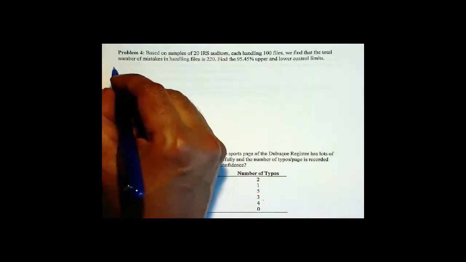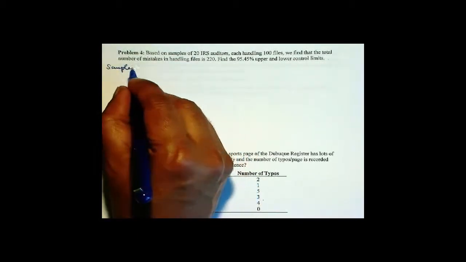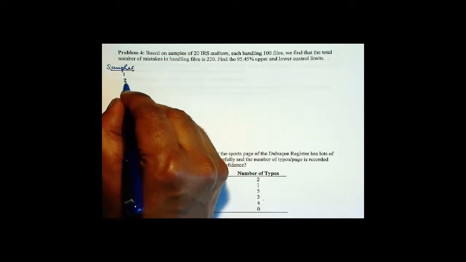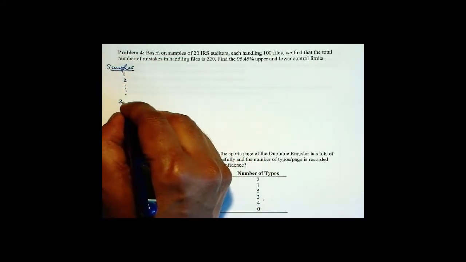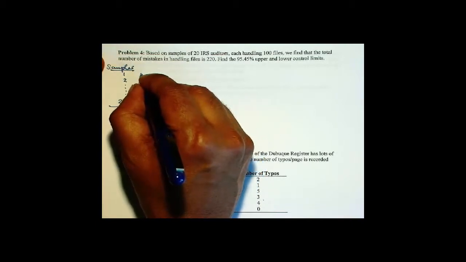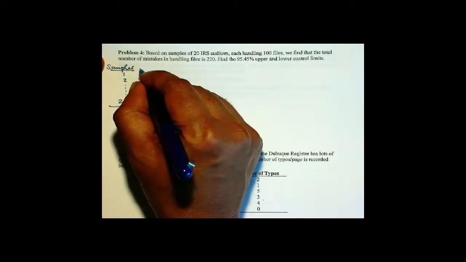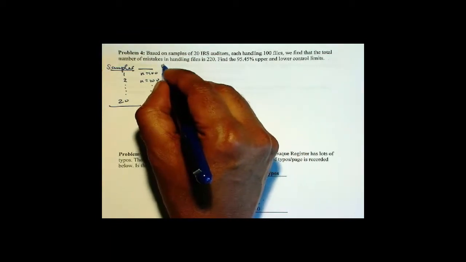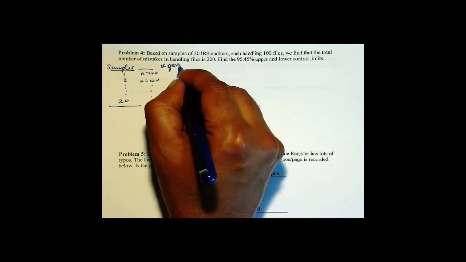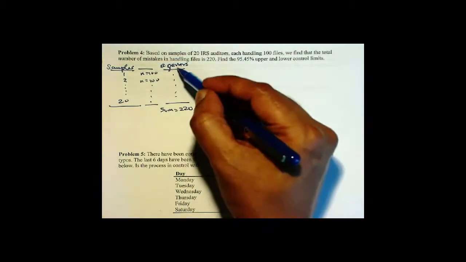We have 20 samples, each of size 100, and the sum of the errors is 220. So we do not have the individual values of the proportion.